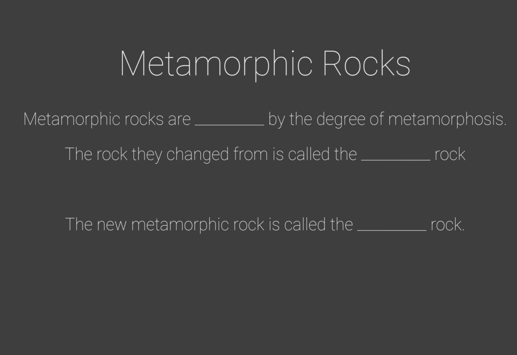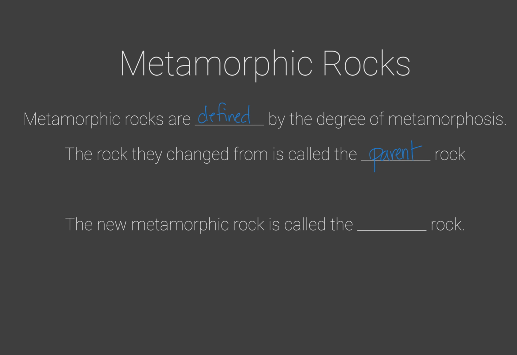the rock. Any type of rock can undergo metamorphosis, but metamorphic rocks are defined by their degree of metamorphosis. So they can change very little or they can change quite a bit, and it's how much they change, which is how they are defined. Now, the rock that was changed, so the rock that they changed from is called the parent rock.